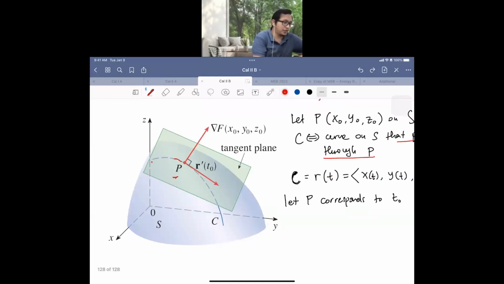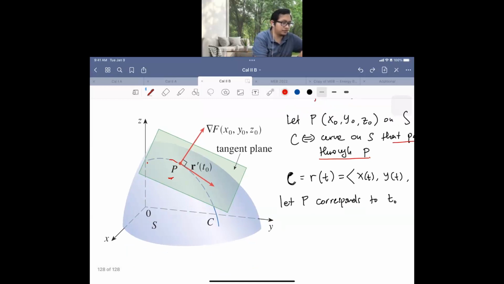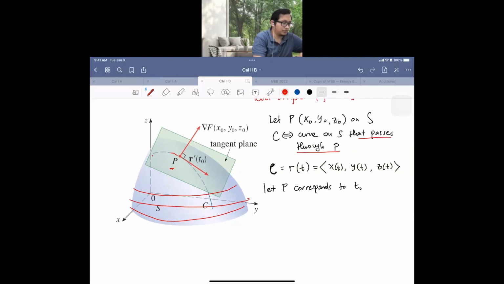If we look from above, we will probably have contours like this, and a certain color will determine a certain height, different heights. This is applied similarly, so we will have a level surface for each point of C.